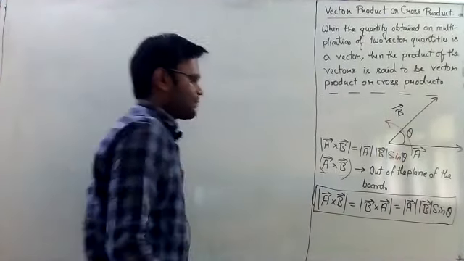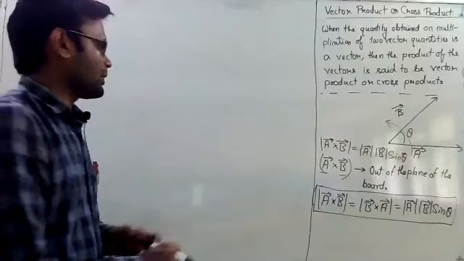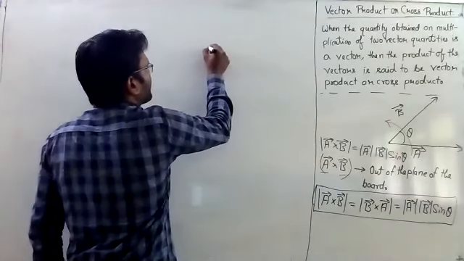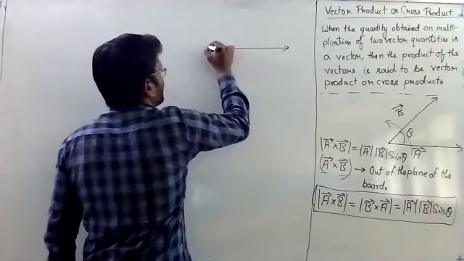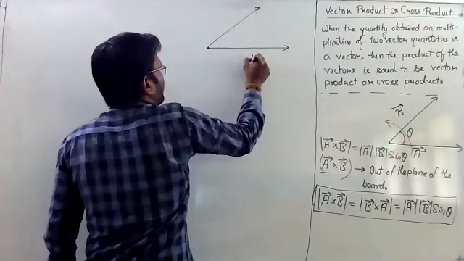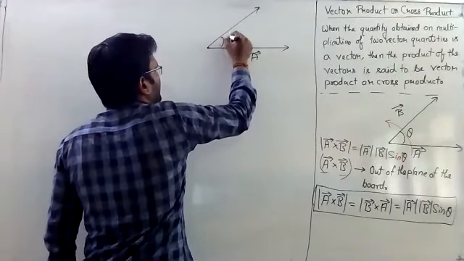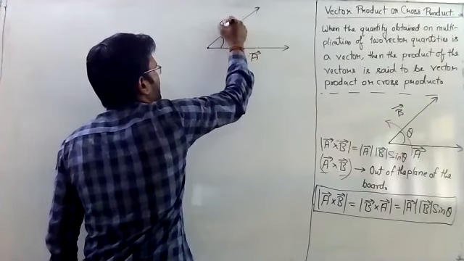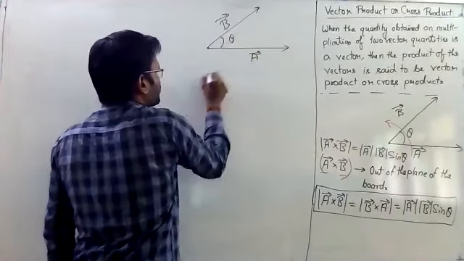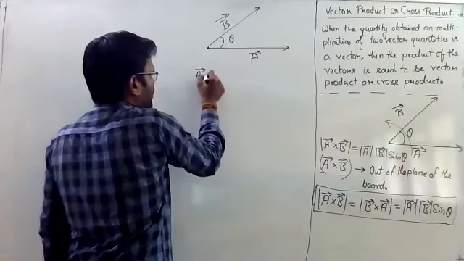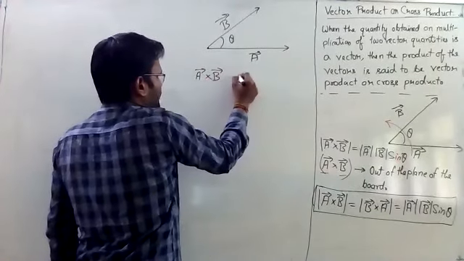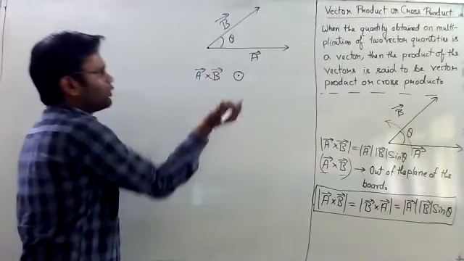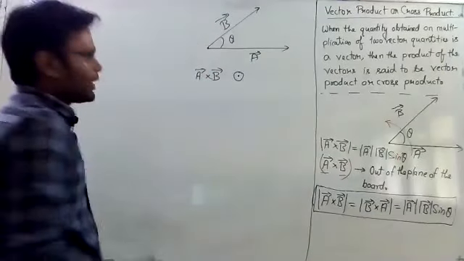But if I write it along with the direction, with A, B and theta, then A cross B is out of the plane, as we know.